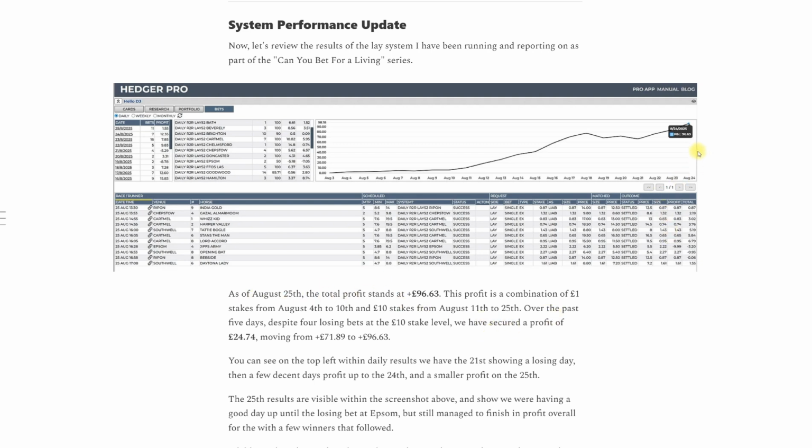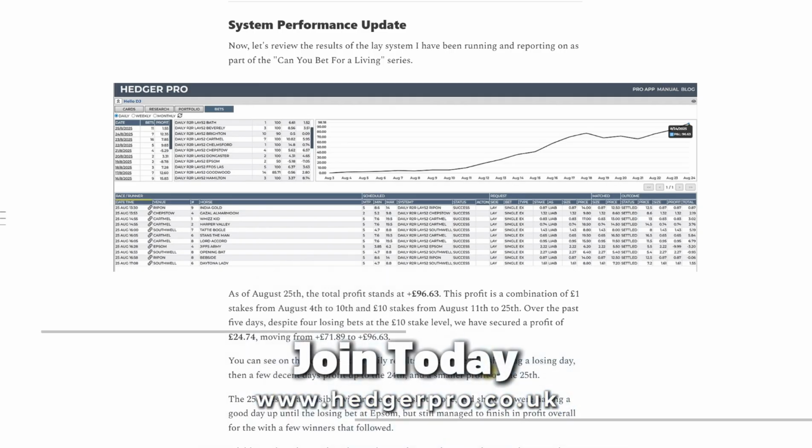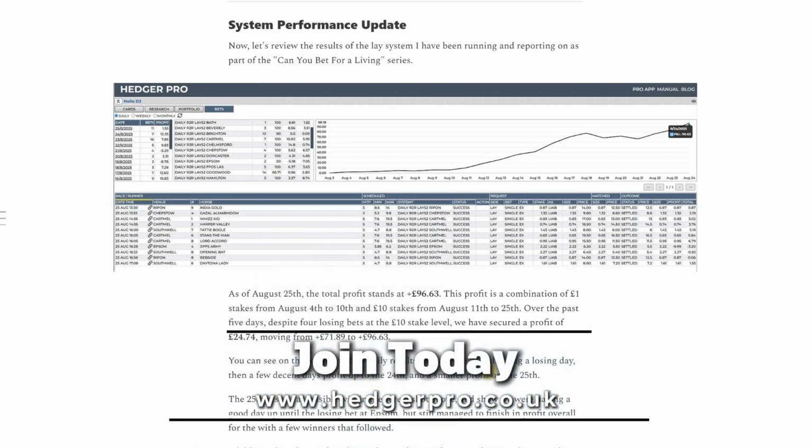You can see now I've got £96.63p profit, and there's a good history of results that get populated for this system. So head on over to that Substack, and I'll publish this weekly, keep you updated on that, and as I add new systems, publish the results so you can see how I'm getting on, see if I can actually make this into a decent system that you can use to pay the bills, bet for a living.